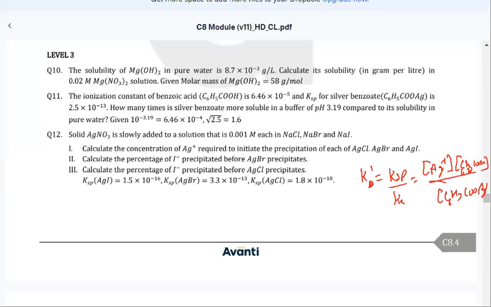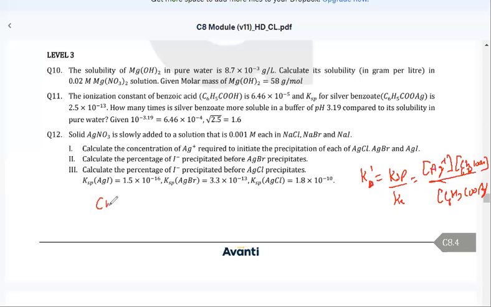Right, everyone? Tell me yes or no. So what is given, what you have to find? This is the formula now.